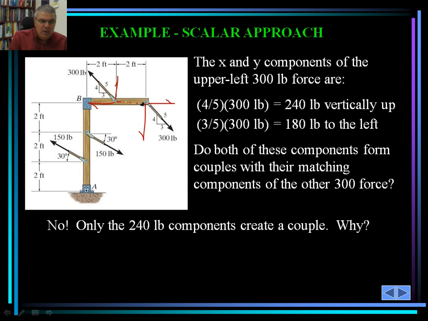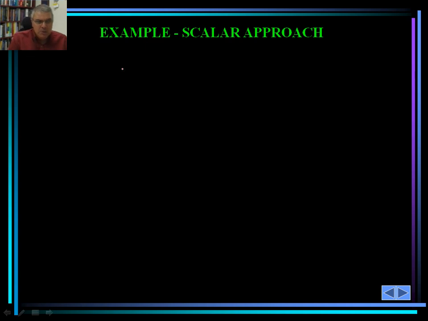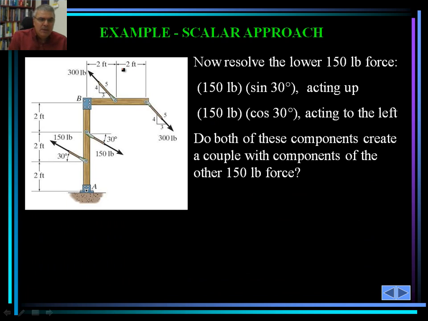These two components go along the same line. They don't create any couple. They just cancel each other out. It's these two components that I marked by X for the same couple that are 2 feet apart that actually contribute to the moment for that particular couple. So it's very important to keep that in mind.